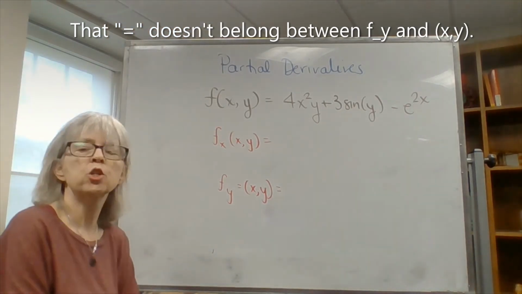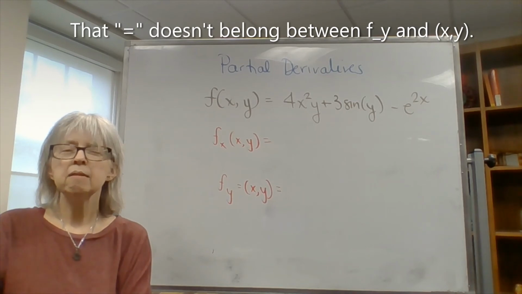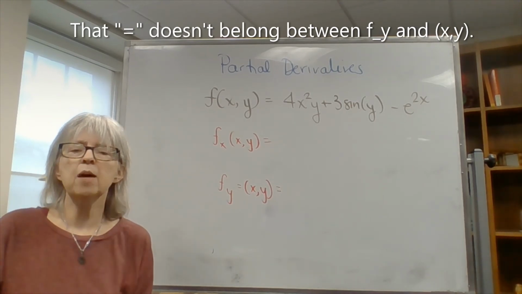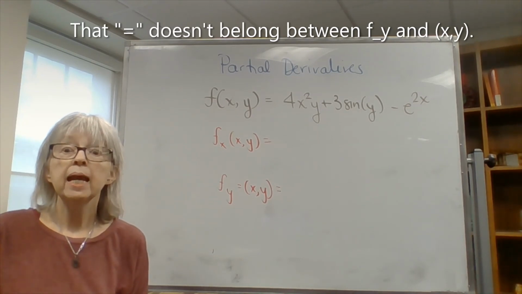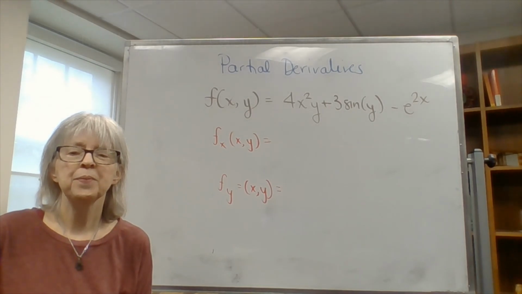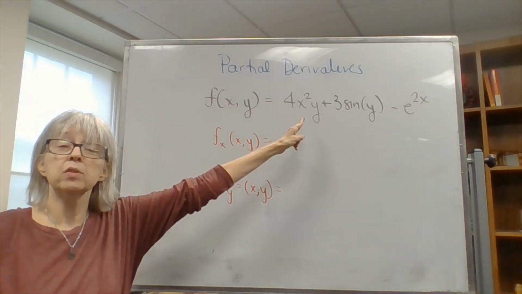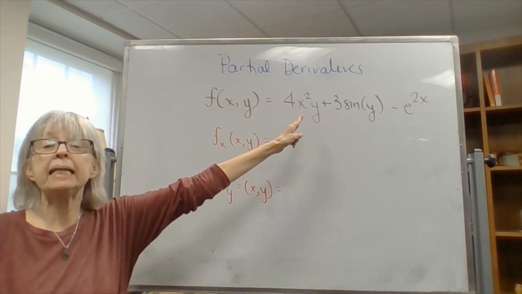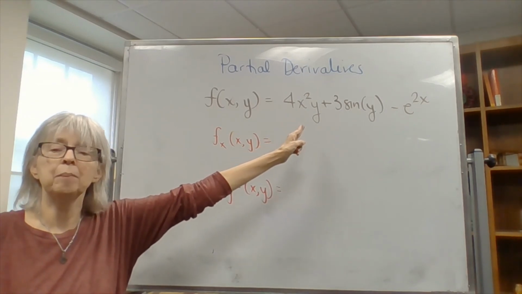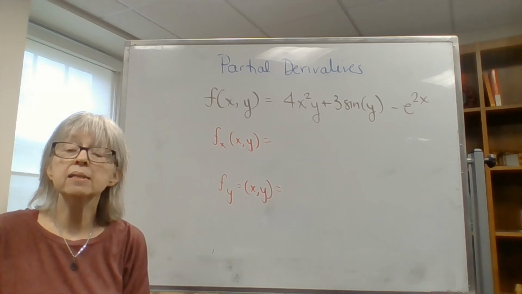To find the partial with respect to x, geometrically, physically, what I'm doing is I'm taking a tiny little step in the x direction and I'm holding y constant, which means if I can take the derivatives using Calc 1 techniques of all the things that have the x's in them, y is going to get treated as a constant.